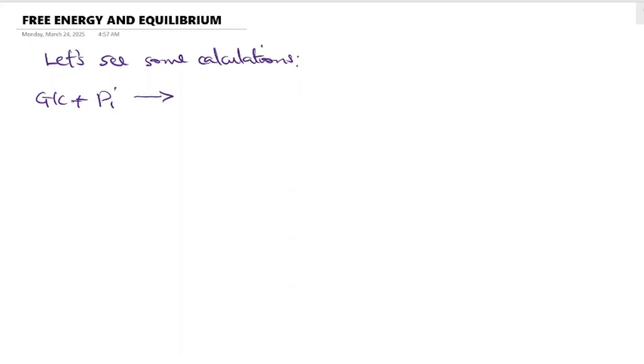It is not spontaneous as written. It is actually spontaneous in the reverse. So take note of the reaction arrows. You have glucose 6 phosphate, and this reaction has a delta G equals plus 13.8 kilojoules per mole.